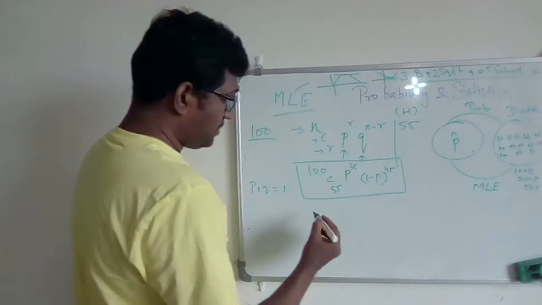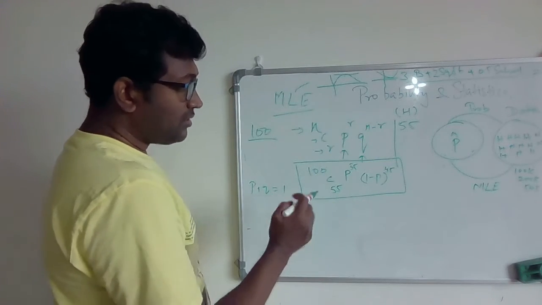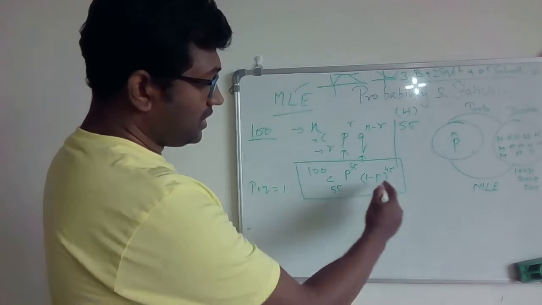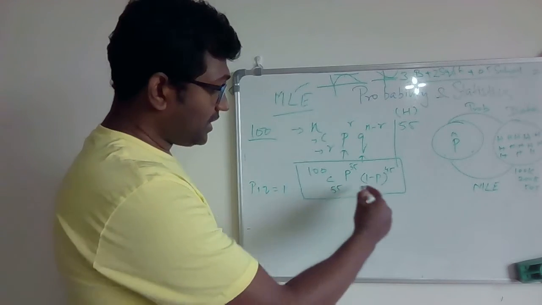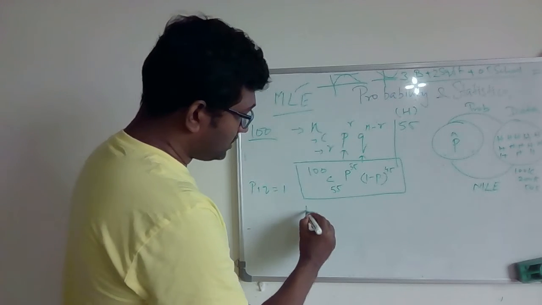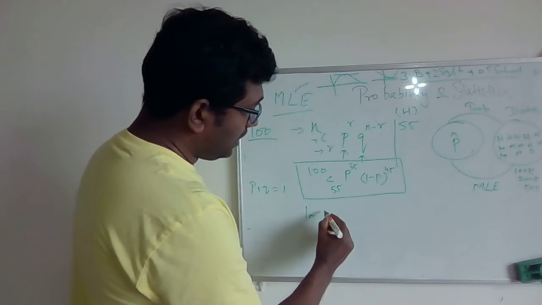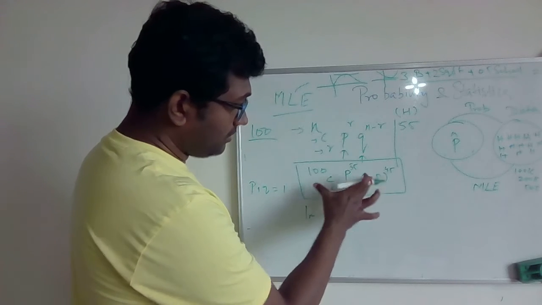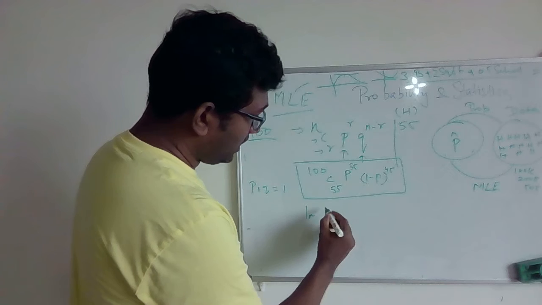Okay. Now, in order to make our computations easier, we can use logs, because this is all multiplications. If you use log, multiplication becomes additions. So we'll use natural log and try to convert these multiplications into additions.